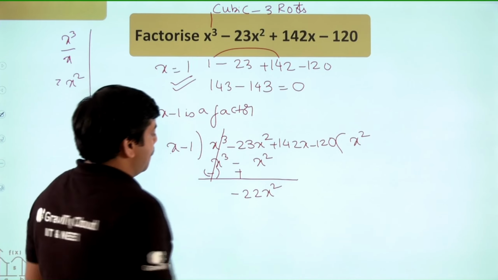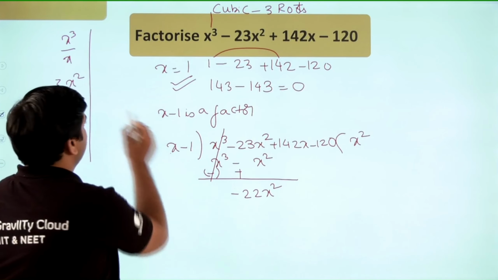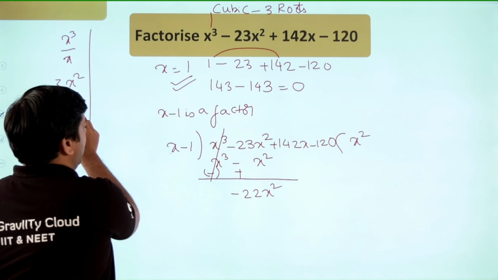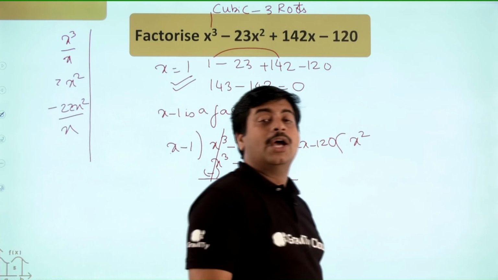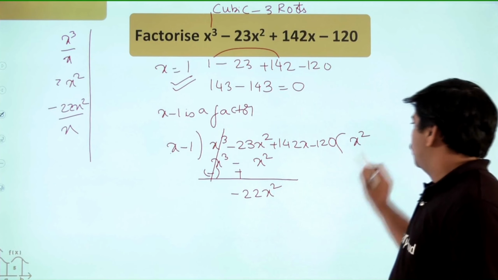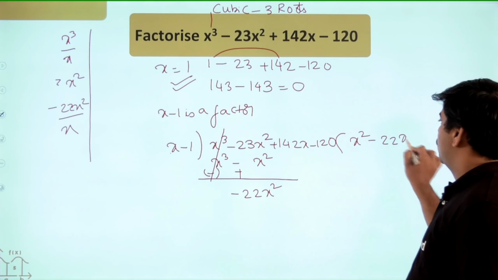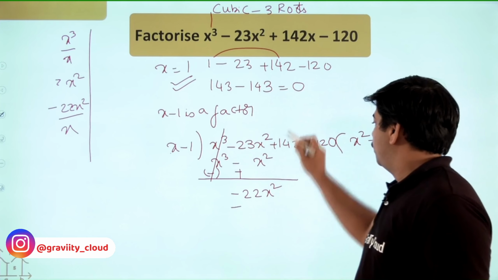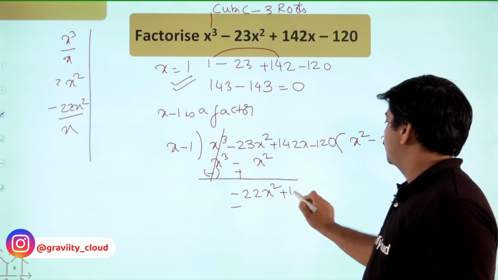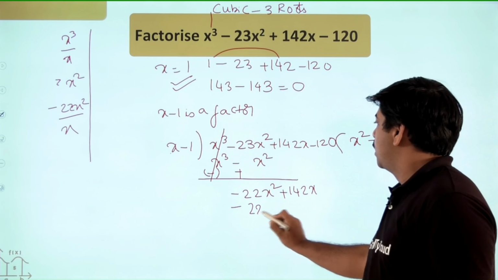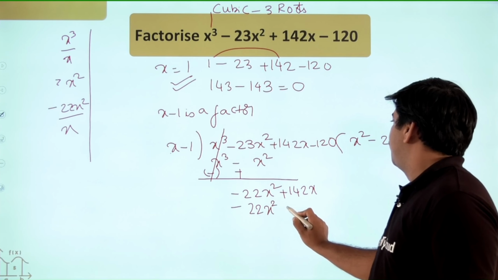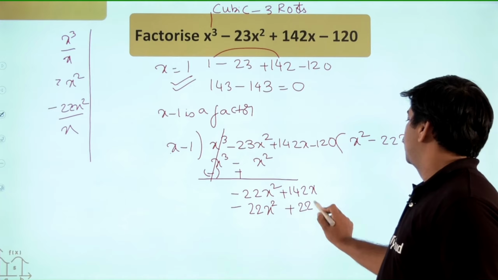Now once again, minus 22x square by x will give you minus 22x. So we will write here minus 22x. Let us bring down plus 142x. Minus 22x square plus 22x.